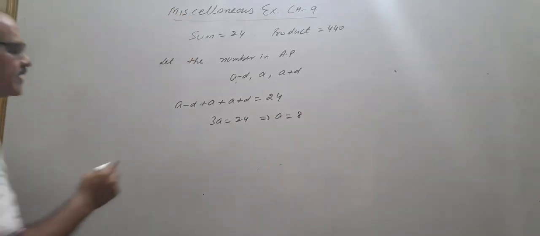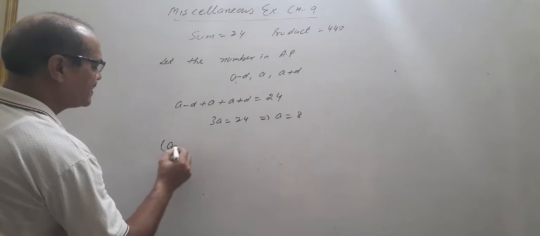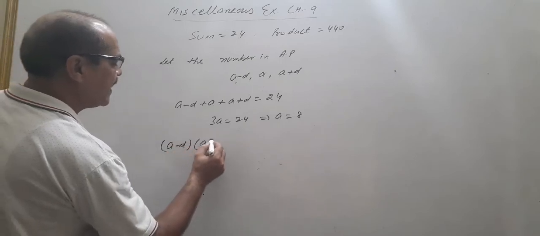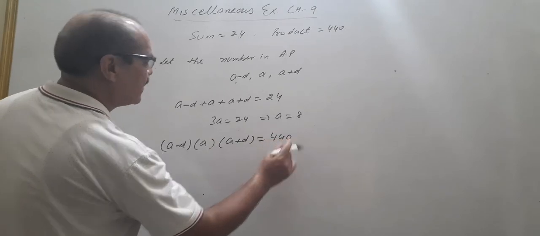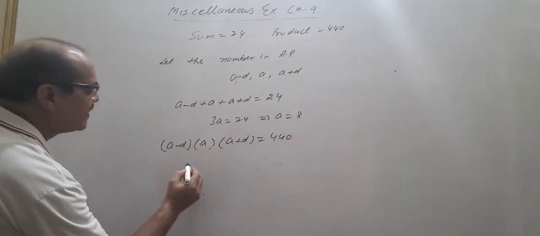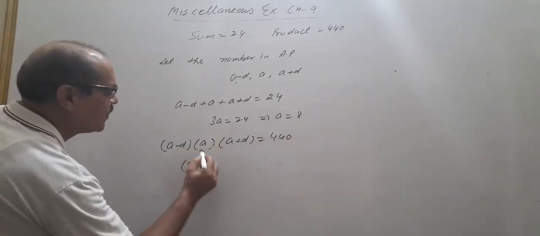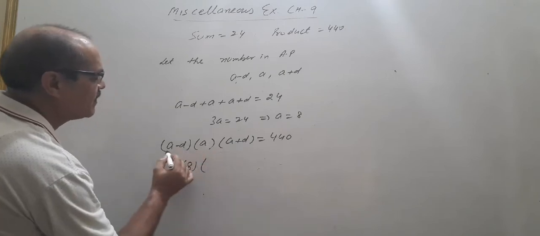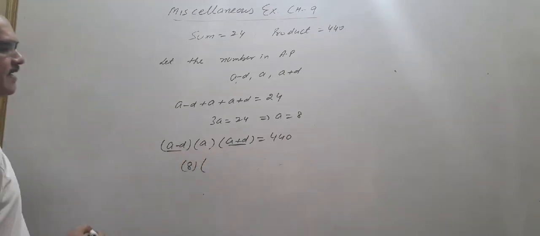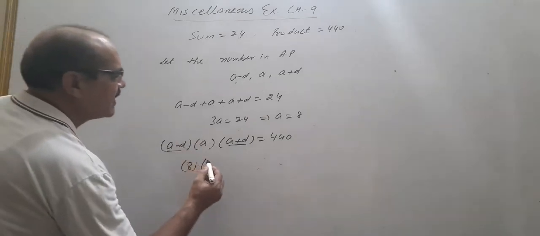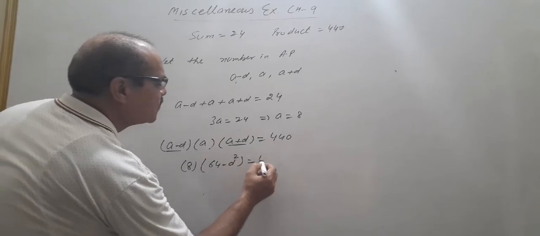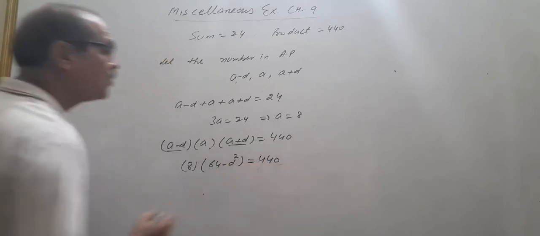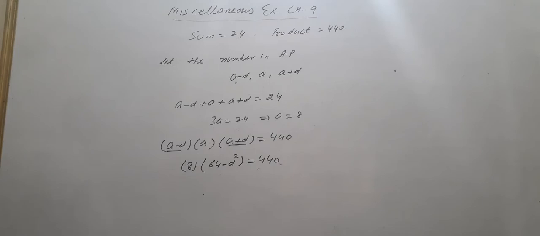Now the product of the numbers a minus d, a and a plus d is given as 440. Substitute the value of a, and a plus d into a minus d is the a plus b, a minus b formula. The identity becomes a square minus d square, that is 64 minus d square is equal to 440. Now our problem is to find a and d.